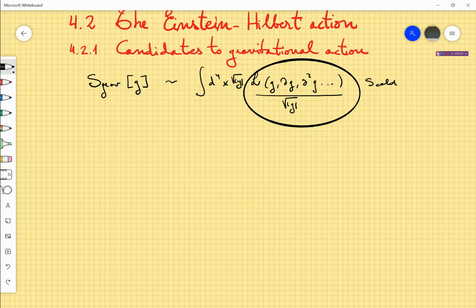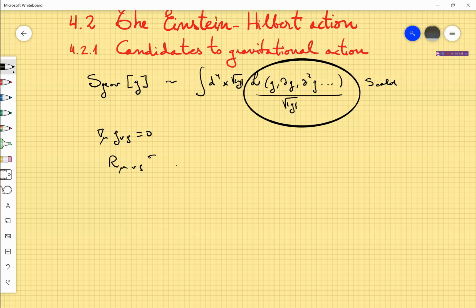Then the only tensors that we can construct from the metric, given the fact that we are using a metric compatible connection, turn out to be the Riemann tensor, and whatever tensors I can construct by contracting indices or contracting several curvature tensors and so on.